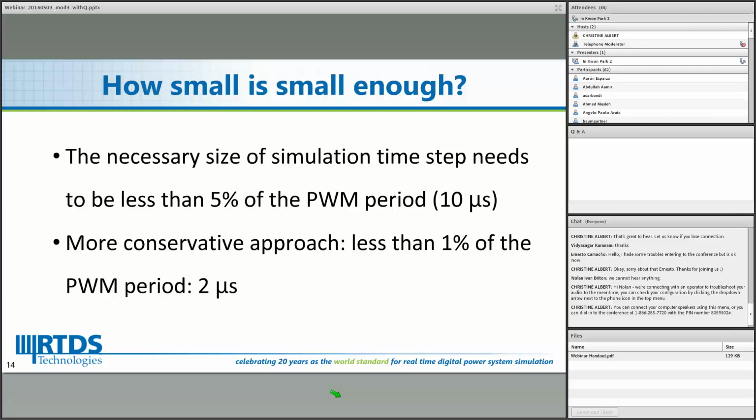But in a more conservative approach, most power electronics engineers would feel comfortable with a smaller time step. So usually 1% becomes the criterion. Then the adequate size for your power electronics simulation should be around 2 microseconds. This is how we can figure out the necessary size of a time step when running power electronics simulations.